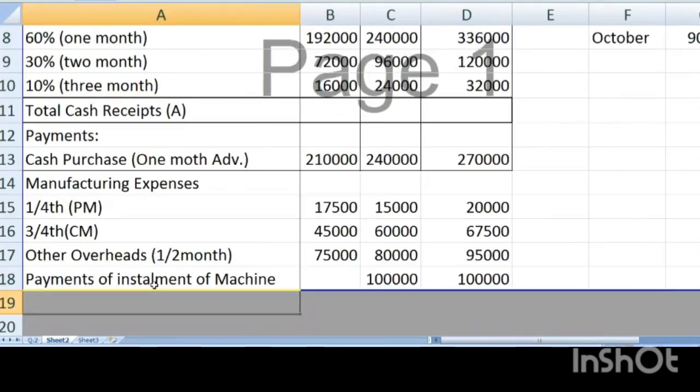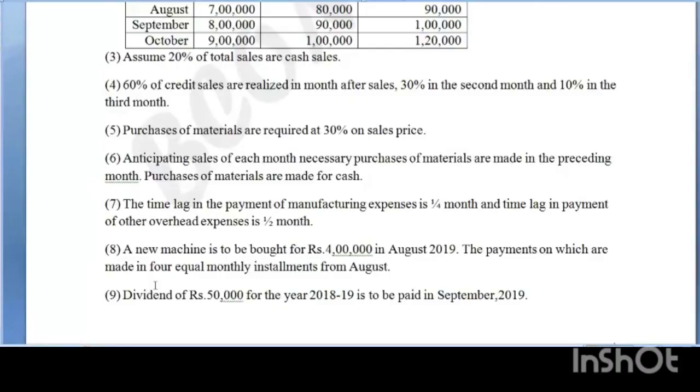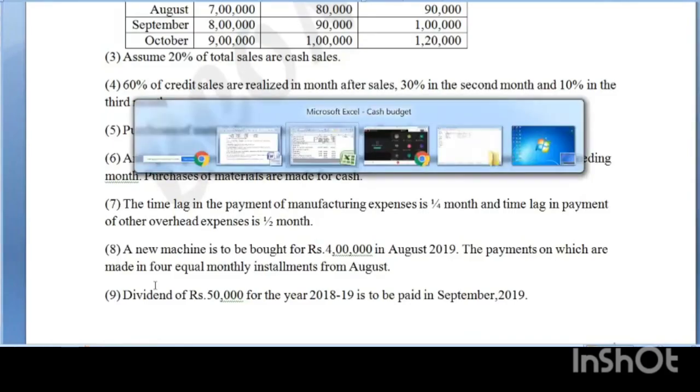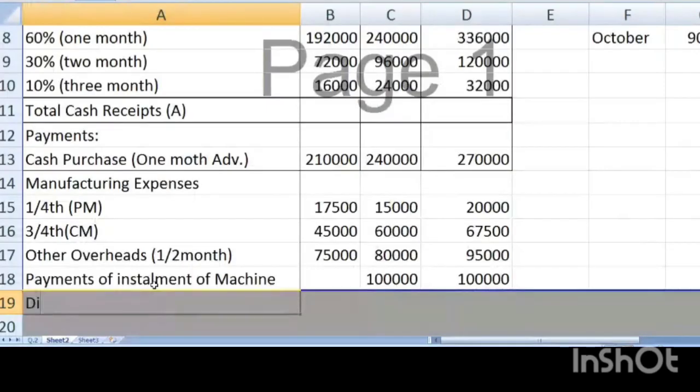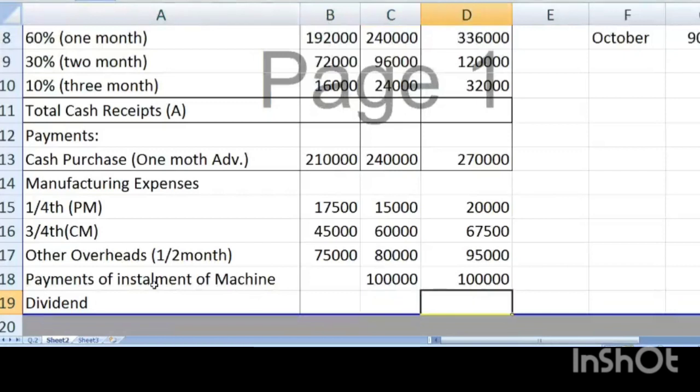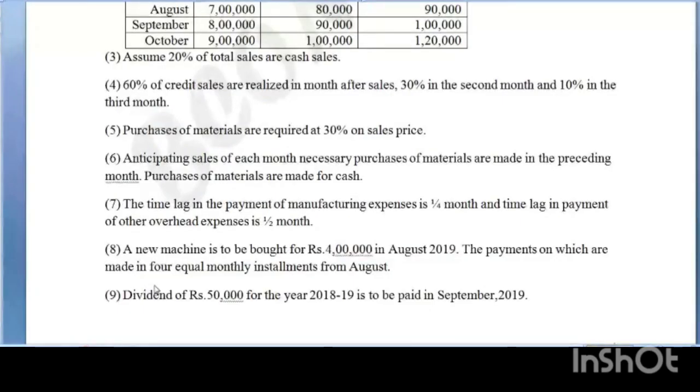Understood, everybody? Okay. Next, dividend is also paid in the month of September. So here we write dividend in the month of September. Amount is 50,000.